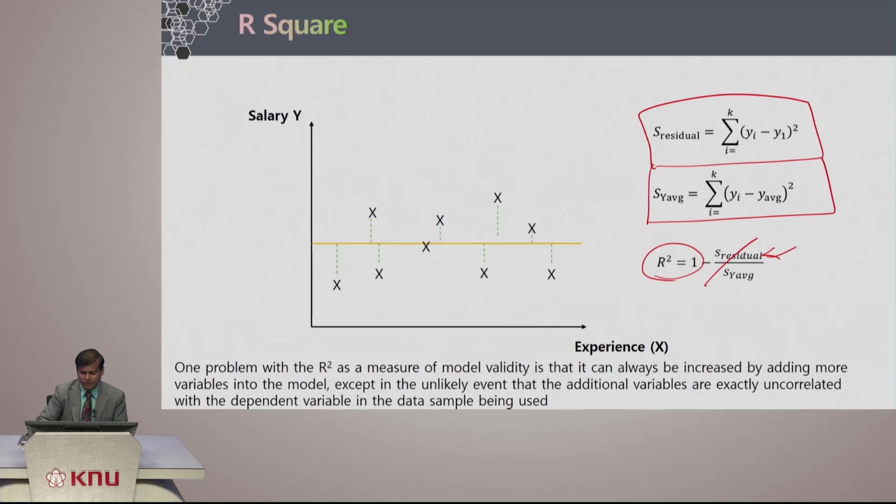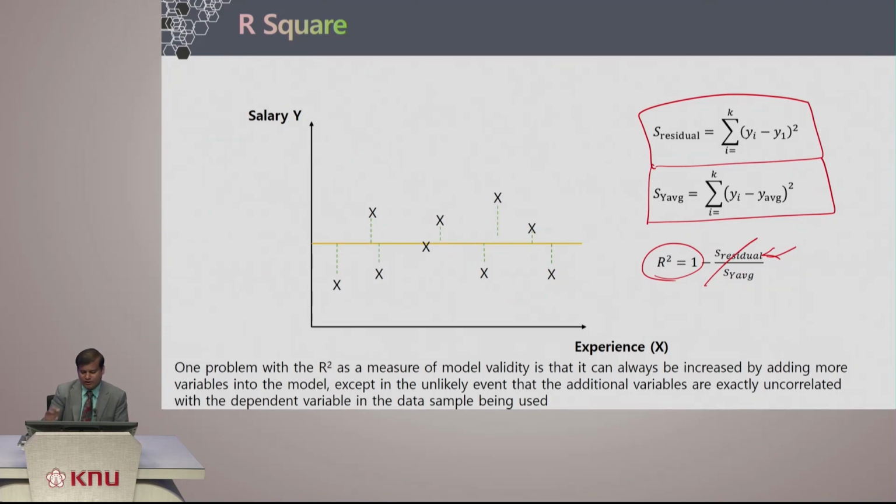Another question: can R square be negative? What do you think? There are some reasons why R square at times can be negative, and one of the main reasons is that the chosen model does not follow the trend of the data.